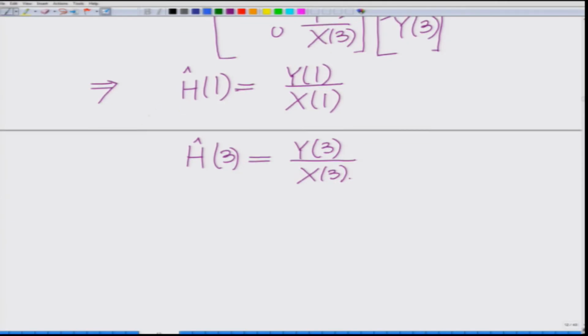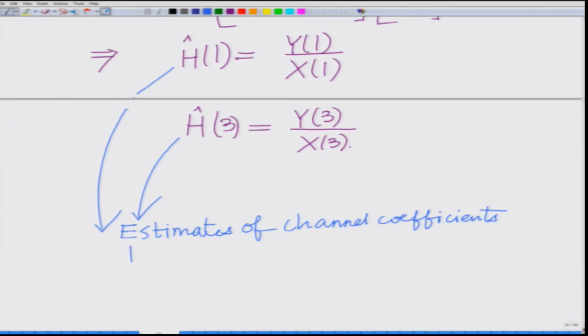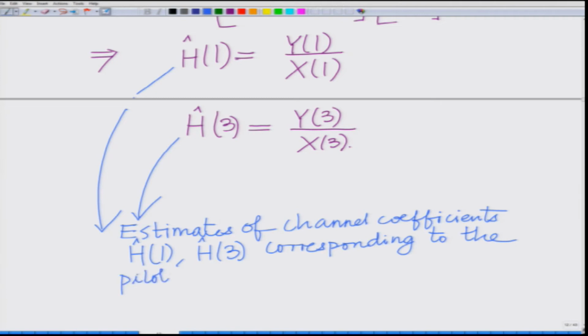What are these? These are the estimates of the channel coefficients H hat 1, H hat 3 corresponding to the pilot subcarriers, and that is something important to realize.